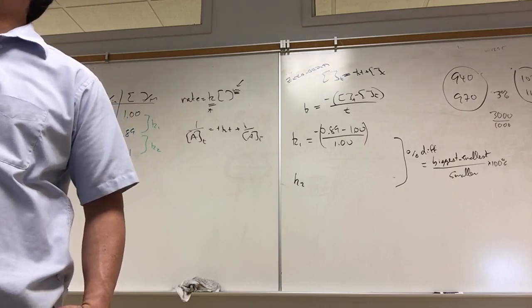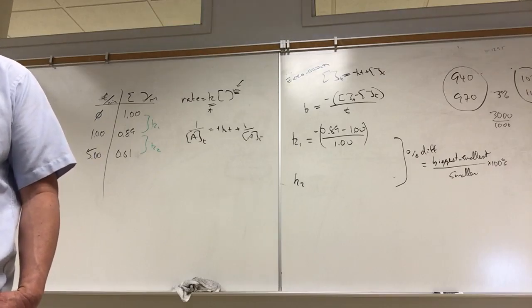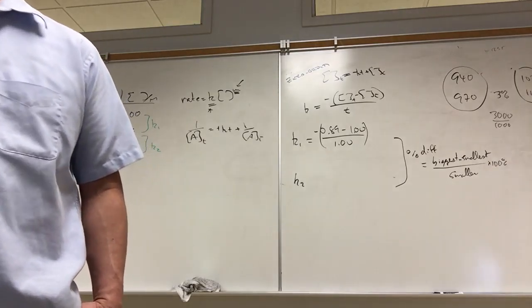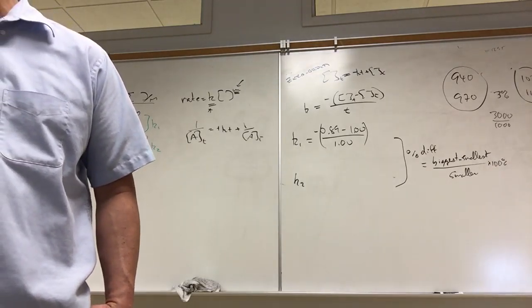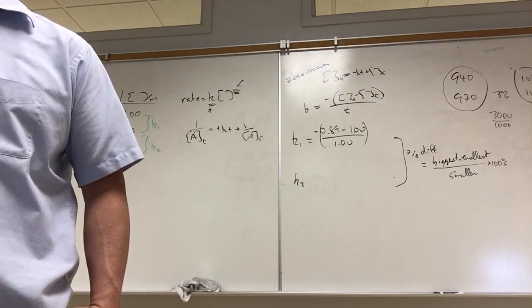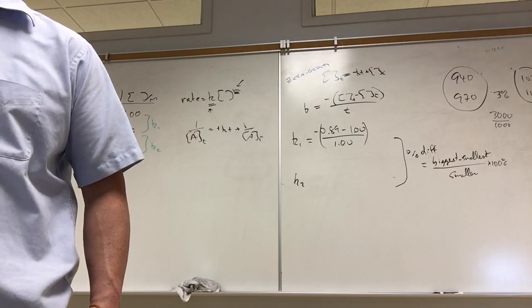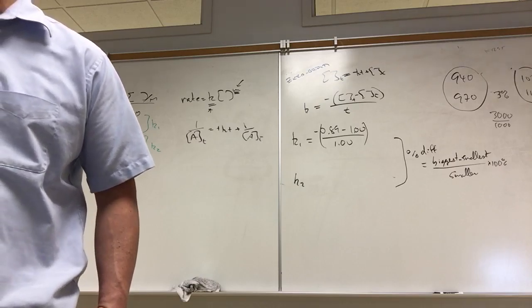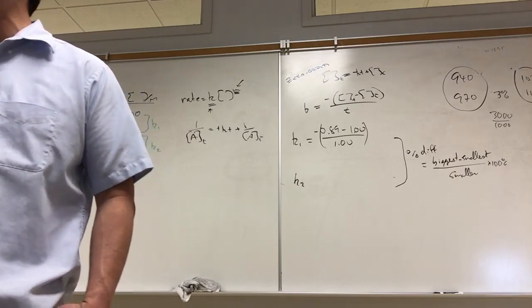I didn't expect everybody to answer that on this particular test. I only expected a small percentage of the class to get it. How would you change this experiment to make the calculation more accurate?